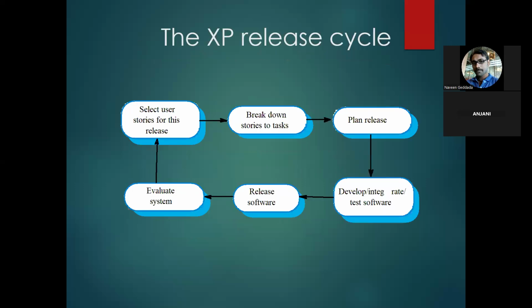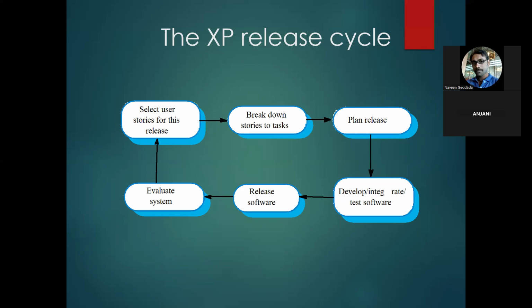Okay. And you can see here what happens in the extreme programming framework. We will select the user story for the release, and we will break down the stories into tasks, and then we will plan for the release. After the planning is done, we will work on that particular story or task that has been assigned to the respective team member, which may be a developer or QA.